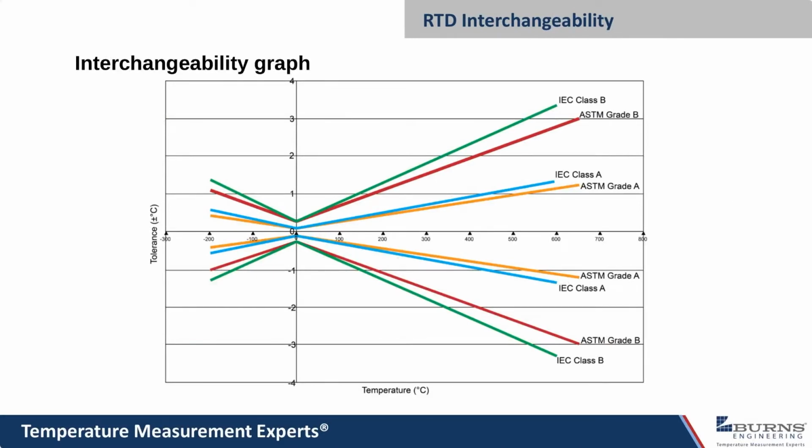Essentially, it's the tolerance that the manufacturer has to make the sensor to and claim that it fits within either the Class A tolerance band or the Class B tolerance band. So if you buy 10 sensors from us, 5 may be at 100.1 ohms and 5 may be at 99.5 ohms or something like that.